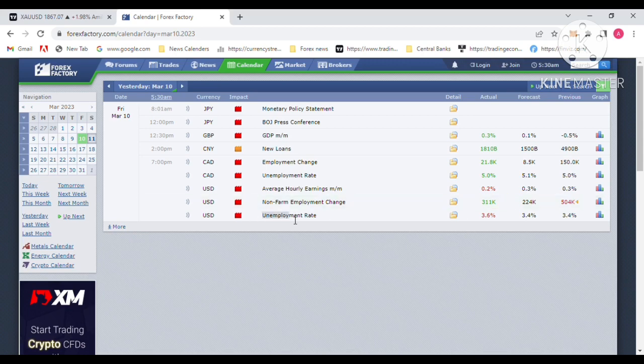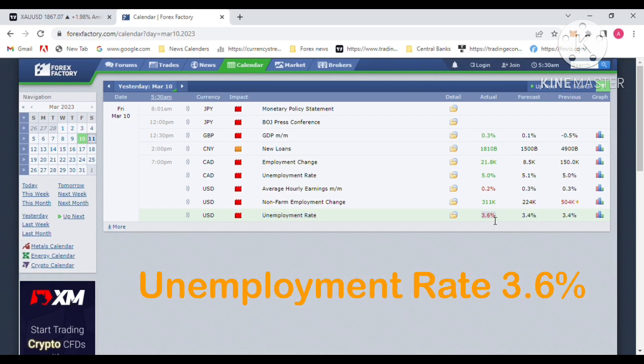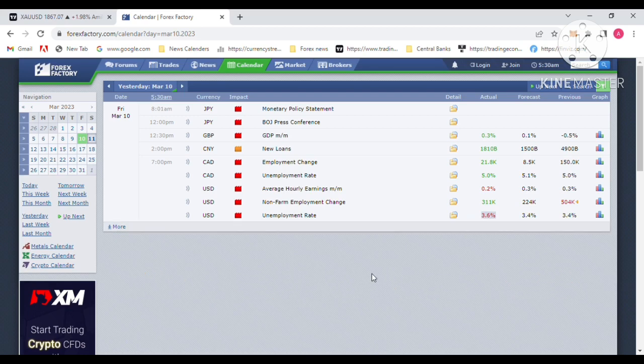This March figure was less than the previous figure. That's also negative for gold, and the unemployment rate increased to 3.6, which is also negative for the US dollar.